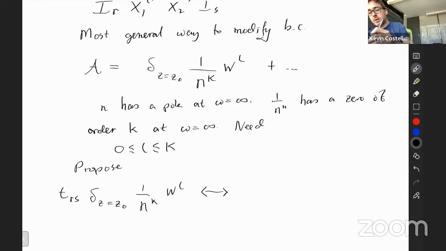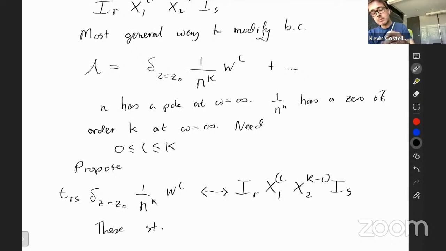This corresponds to the operator with x1 to the L, x2 to the K minus L. And these states have the same quantum numbers.